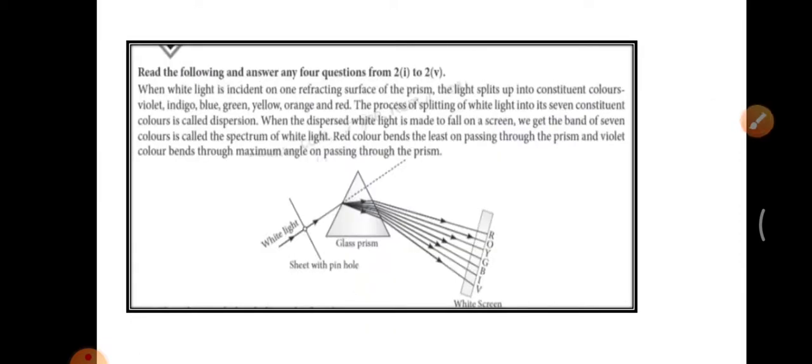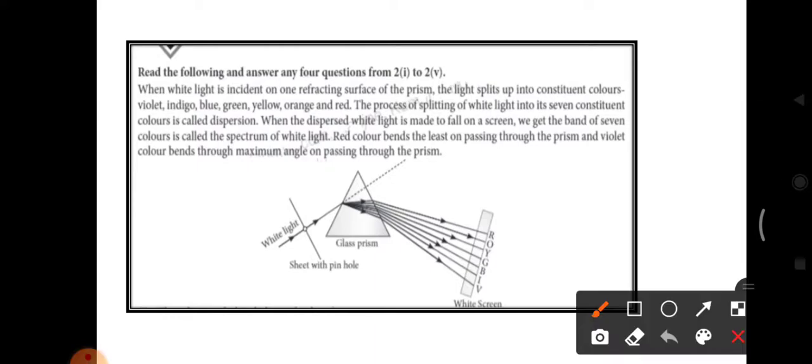The next question. Read the following and answer any 4 questions from 1 to 5. When white light is incident on one refracting surface of the prism, if you take a prism, the prism consists of two refracting surfaces. So when the light falls on one refracting surface, the light splits up into constituent colors. So see, it is clearly shown here.